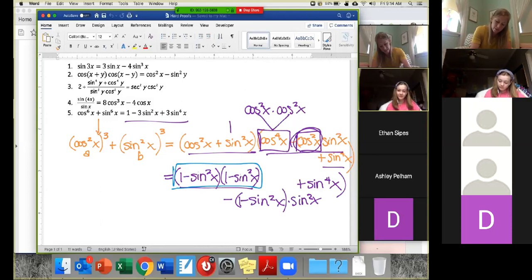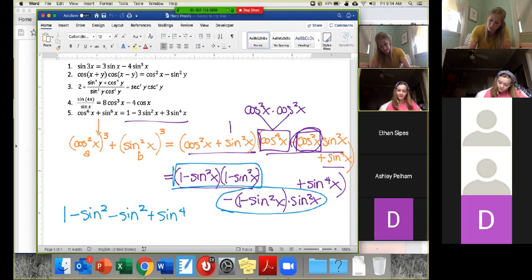So foiling those two, 1 times 1 is 1. I would have minus sine squared minus another sine squared plus sine to the fourth. Here, I kind of have to be careful. I'm distributing this sine squared, but I also have a minus out front that I need to think about distributing. So that's going to give me minus sine squared and plus sine to the fourth.